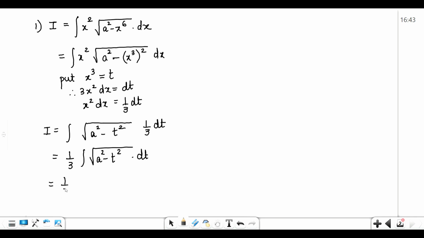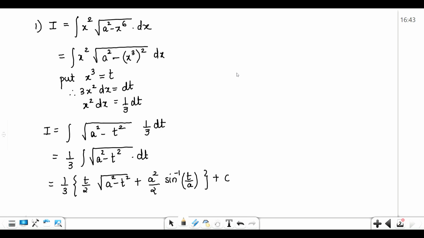For applying the formula, you have to keep 1 by 3 outside, and then draw the bracket. Now we'll apply the formula. So that gives you t upon 2 square root of a square minus t square plus a square by 2 sine inverse t upon a. Then close the bracket, then plus c.